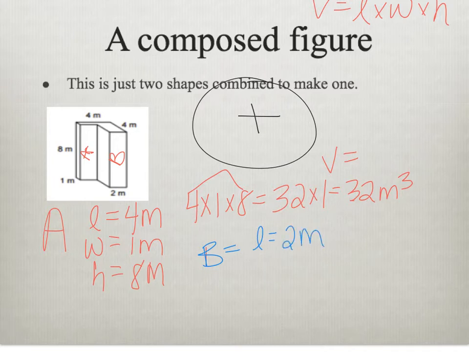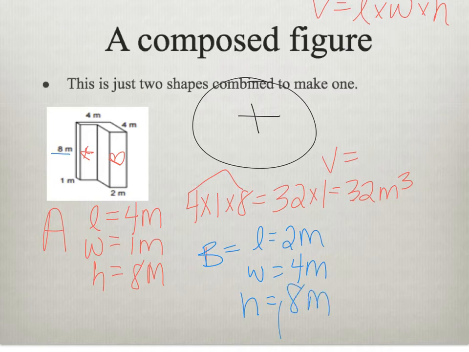The width is up here. It is 4 meters. And the height, even though it doesn't tell me the height on either of these, I can assume that because this side is the same length as this side, the height for shape B is going to be the same thing. It's going to be that 8 meters.